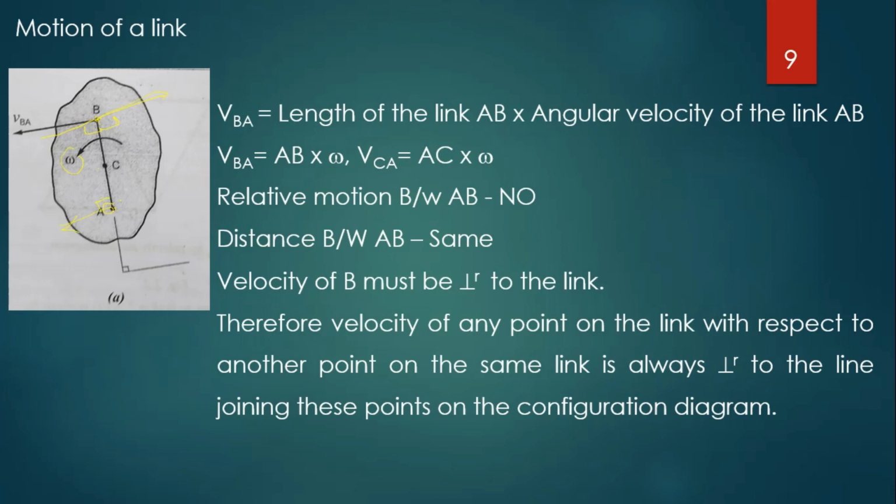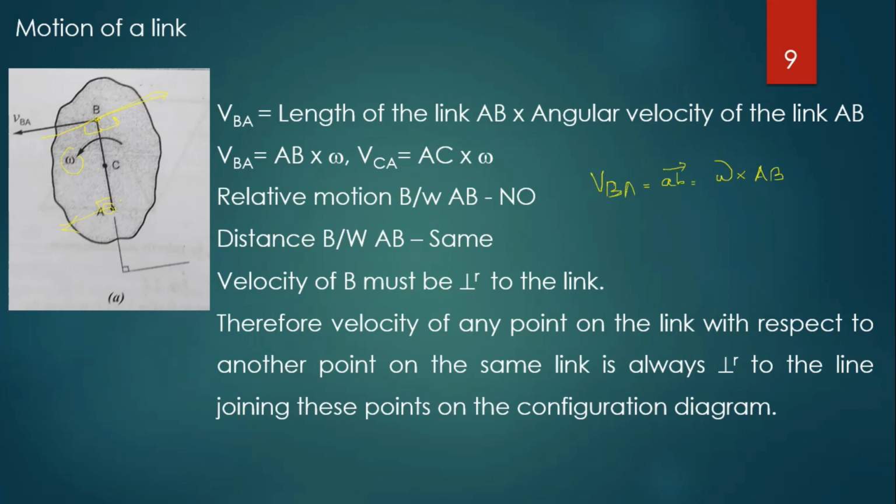Here the velocity of B with respect to A is equal to the vector AB, which means the angular velocity omega into the length of the link AB.